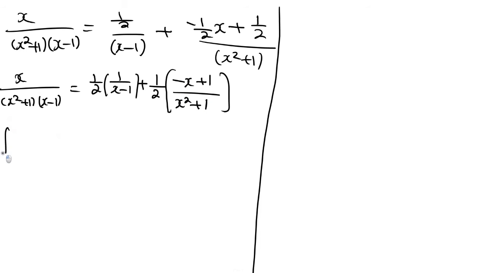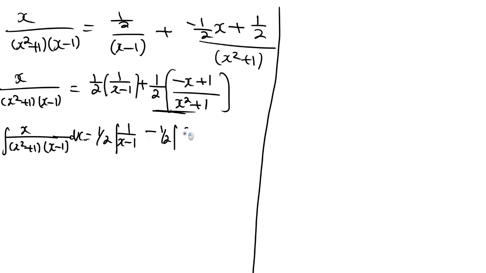So integration of x divided by x square plus 1 into x minus 1 dx is equal to 1 by 2 into integration of 1 by x minus 1, and splitting into two terms, first you will get minus x, so minus 1 by 2 into integration of x divided by x square plus 1, and plus 1 by 2 into integration of 1 by x square plus 1 dx.